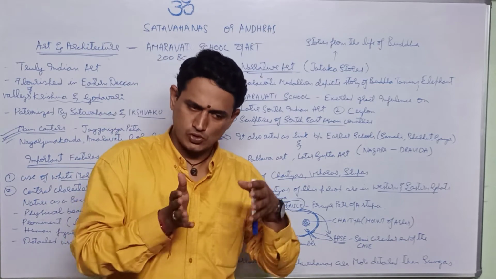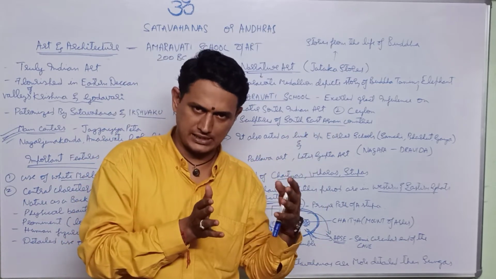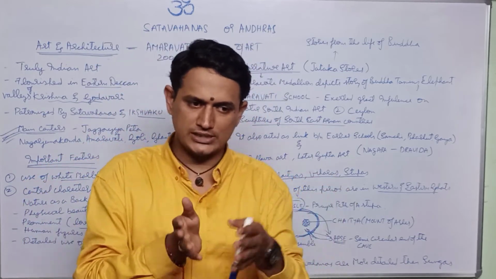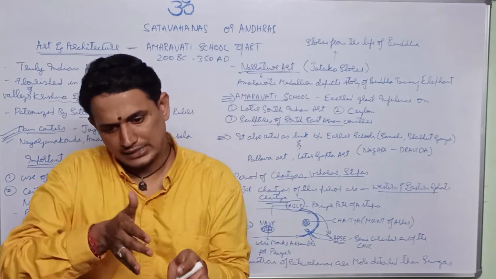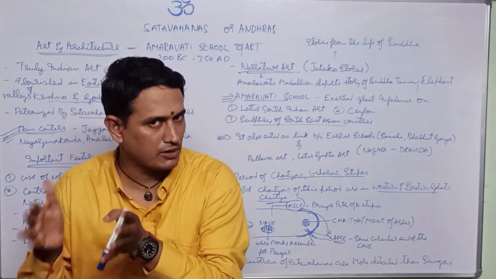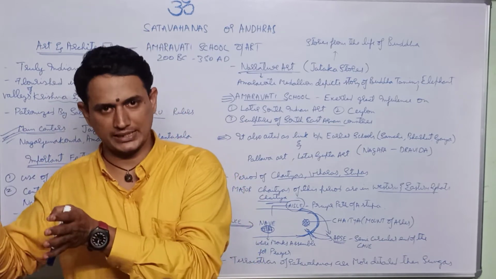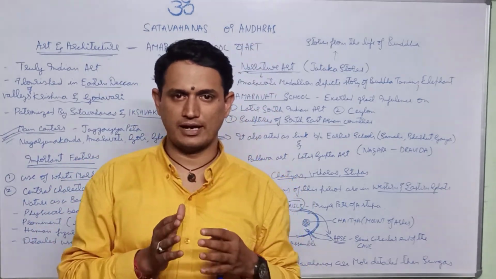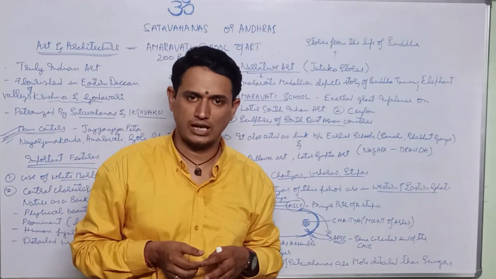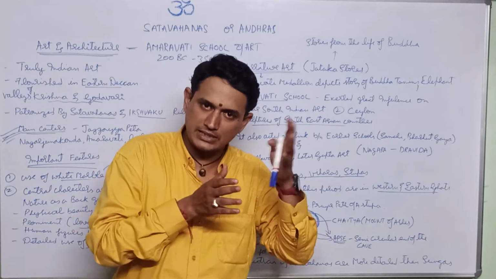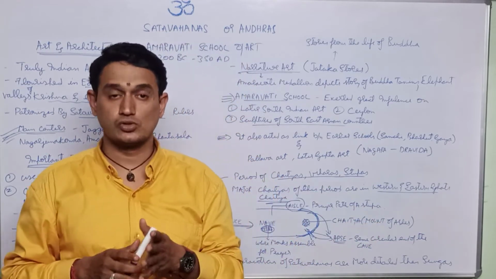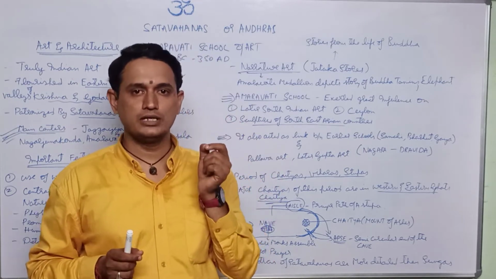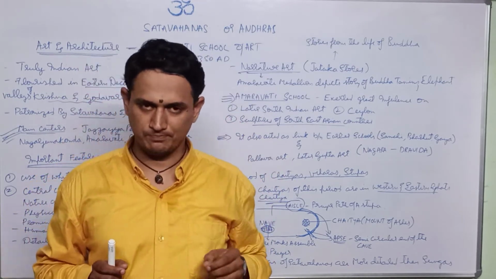The earlier schools of art such as Sanchi, Barhut, Gaya, and the later schools of art, that is Pallava as well as Gupta. So the Amaravati school acted as a linking pin between the earlier and later ones. That is one among the most important things to be remembered by you.